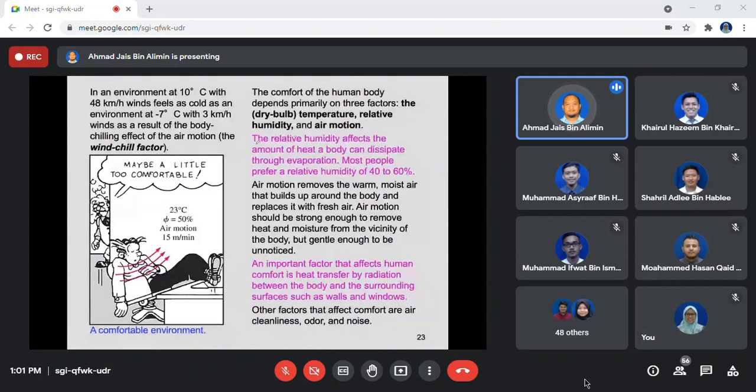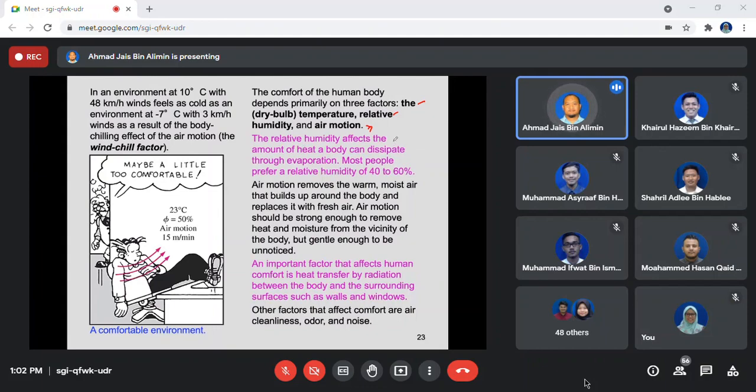Okay, the comfort of the human body depends on three factors: the dry bulb, relative humidity, and also the air motion. So if you have installed a fan in your room on top of your air conditioning, then you will experience the coolness or the comfort level that you set faster.